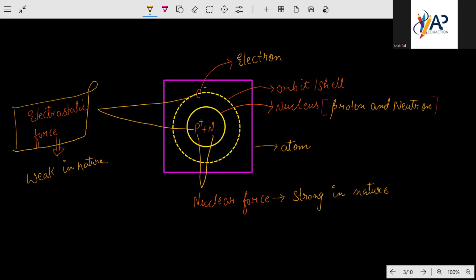But the nuclear force is a very strong force. That's why protons and neutrons are bound by the nuclear force. It doesn't mean a proton can never be lost. If we give high energy, only then can a proton be lost, right?